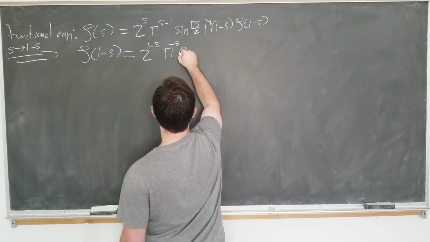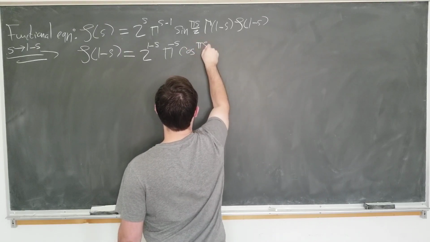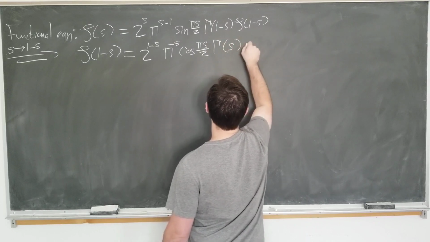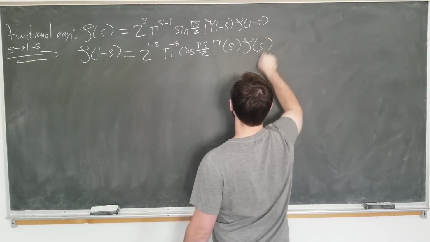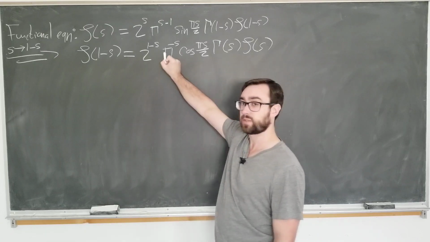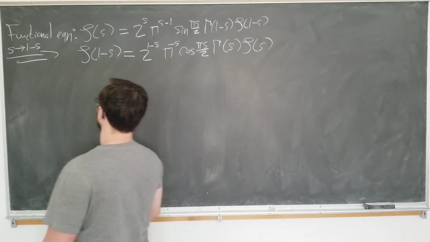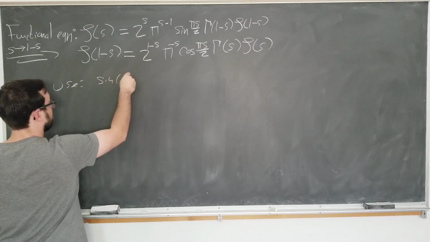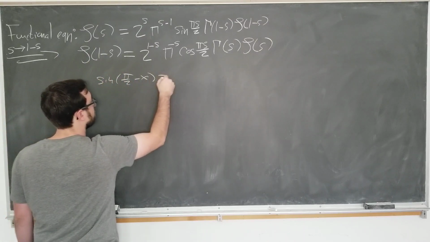This becomes cosine, I'll show you why in a moment. This becomes gamma of s, and this becomes zeta of s. So this is pretty easy to see. And we're going to use the identity sine of pi over 2 minus x is equal to cosine x.